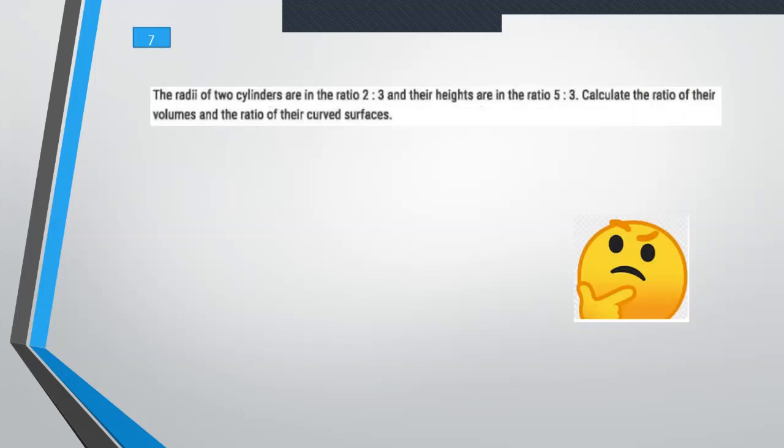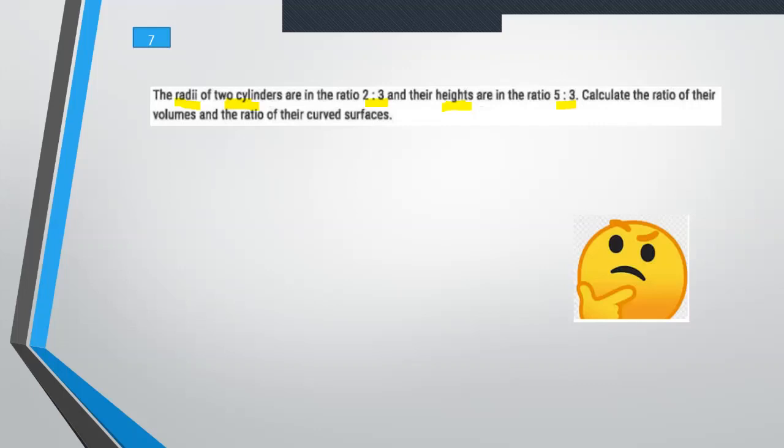The radii of two cylinders, that means they're different cylinders, are in the ratio of 2:3. So if R1 for one cylinder is 2x, R2 is 3x. You have done ratio sums. Same way, their heights are in the ratio of 5:3. So H1 is 5y, H2 is 3y.